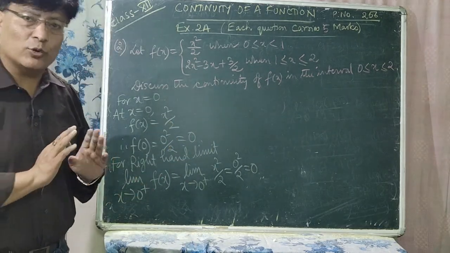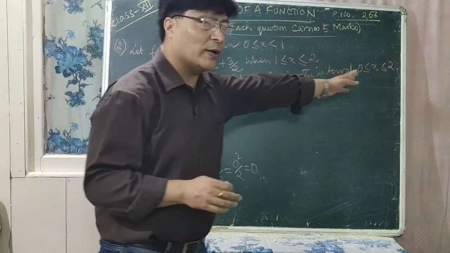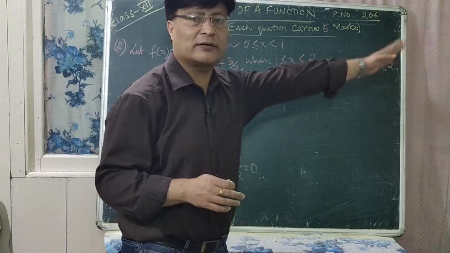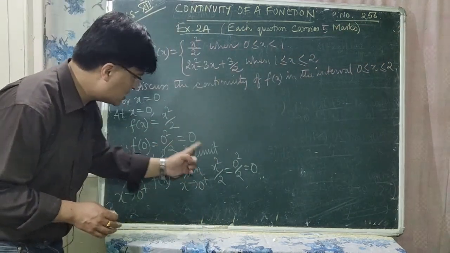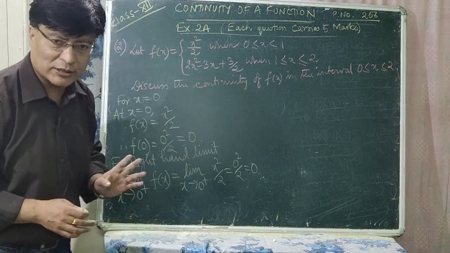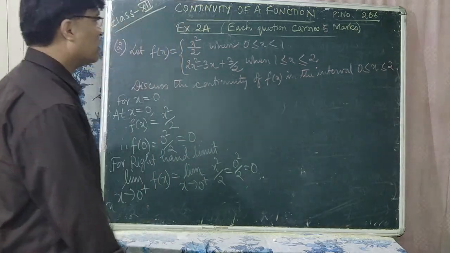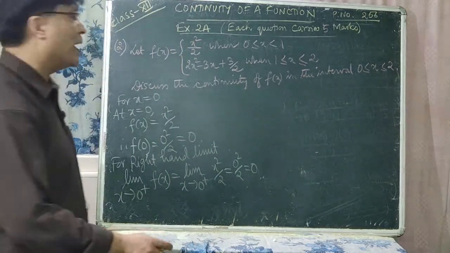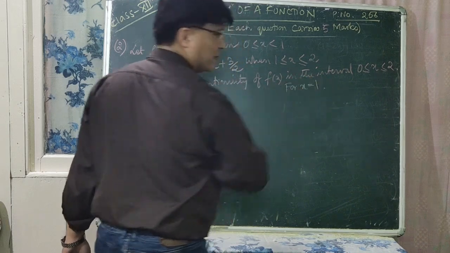So in this case, no need of getting the value for limit x tends to 0 minus, because we have to check the continuity when x greater than 0 or is equal to 0. Okay. So both these are equal. So we have checked the continuity at x is equal to 0 out here. So it is continuous. Okay. Now let us check the continuity at x is equal to 1. So for x is equal to 1.